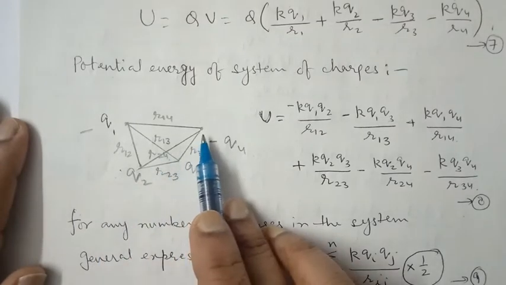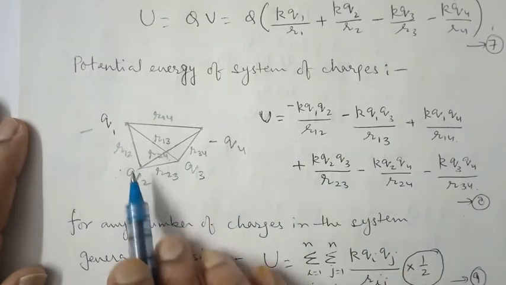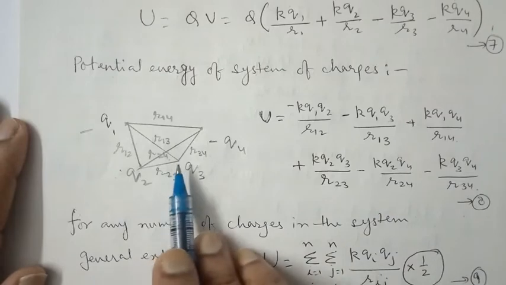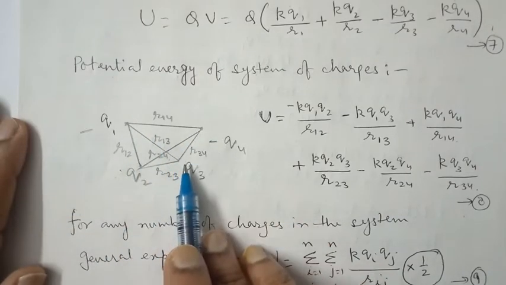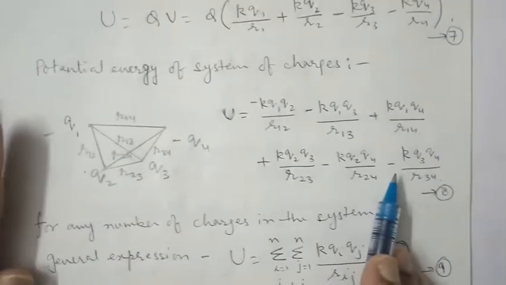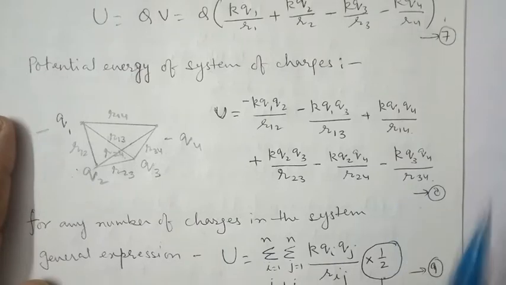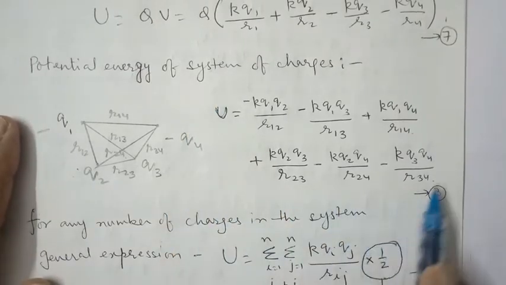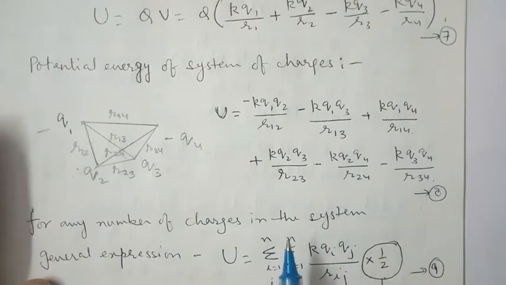K Q2 and Q4, now it is negative, so it will give rise to a negative value upon R24. What is left? In this one I have not tackled yet, so let me tackle it here, and I call it minus K Q3 Q4 upon R34. So now this has become the total energy of the system.